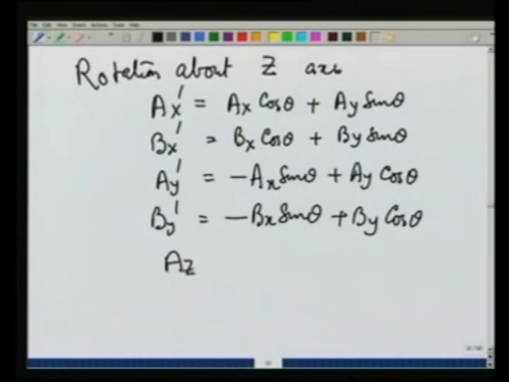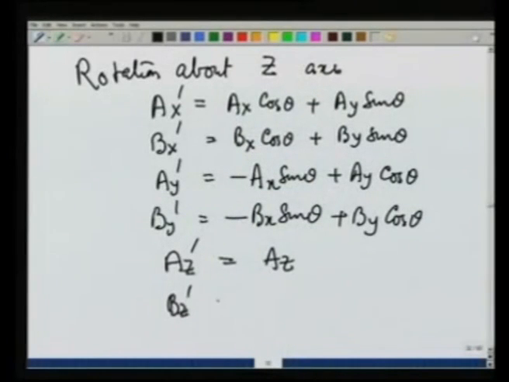A z prime would be same as A z, because the z axis is not changing. I am rotating about the z axis. B z prime would be same as B z.